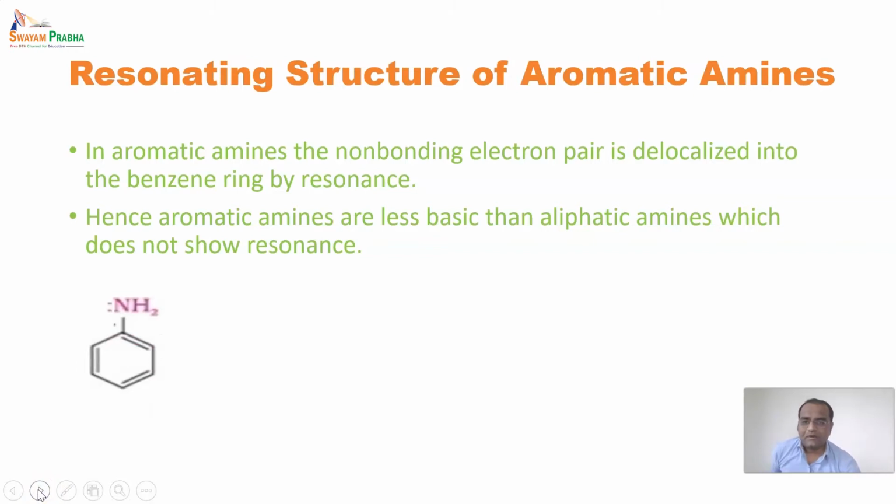Here we have taken an example of aniline. Aniline has a lone pair on nitrogen, and this non-bonding lone pair of nitrogen will shift and create resonance in the structure.